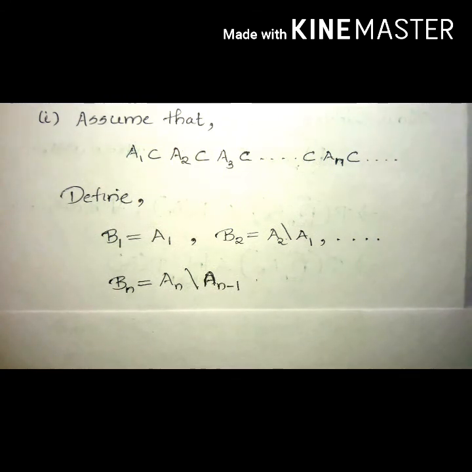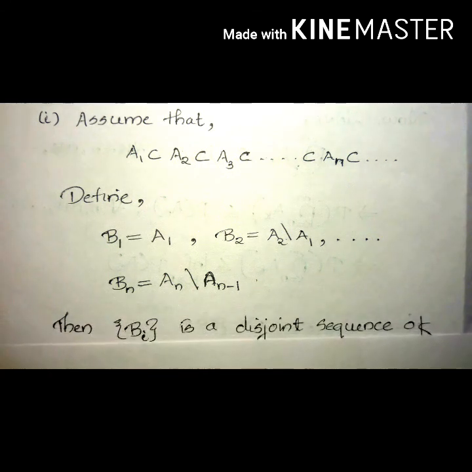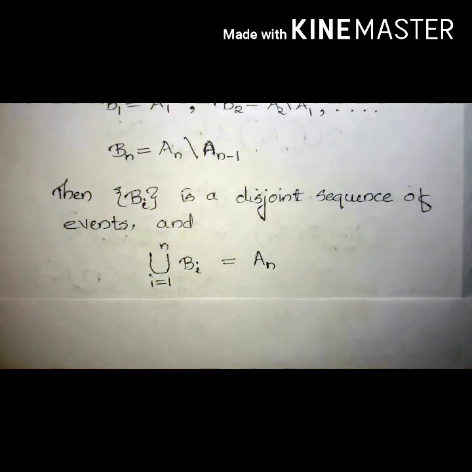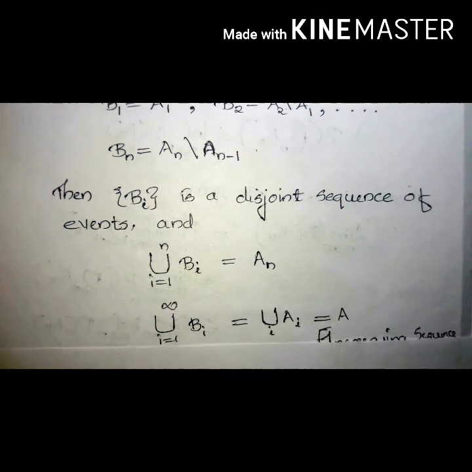Then the sequence Bi is a disjoint sequence of events, and also union i equal to 1 to n Bi is An, and union i equal to 1 to infinity Bi equal to union over i of Ai, and that's equal to A, since an increasing sequence has its limit as the union.